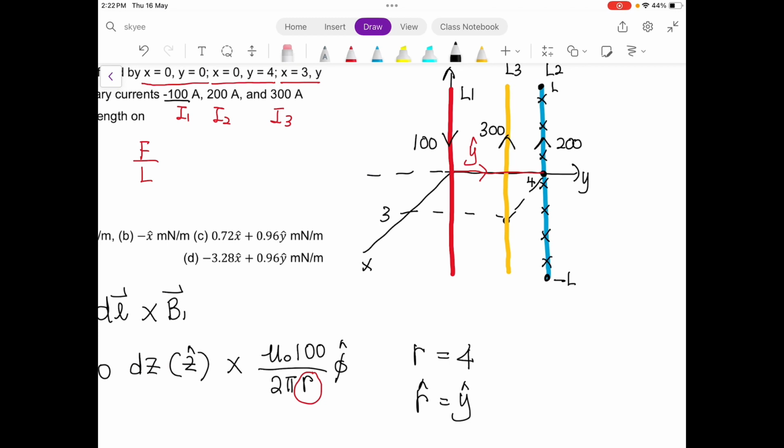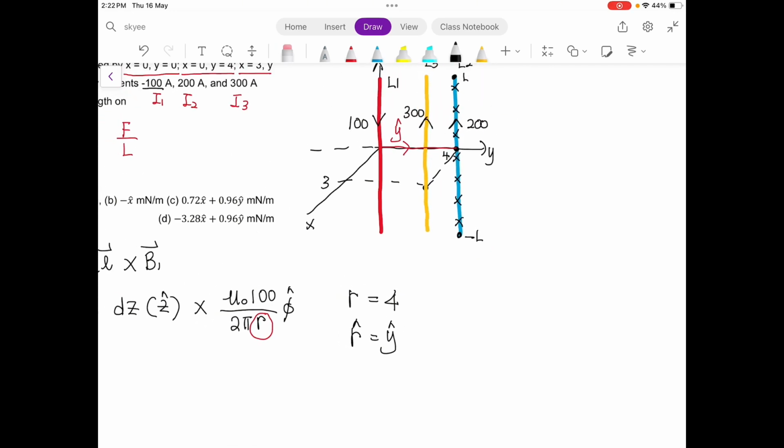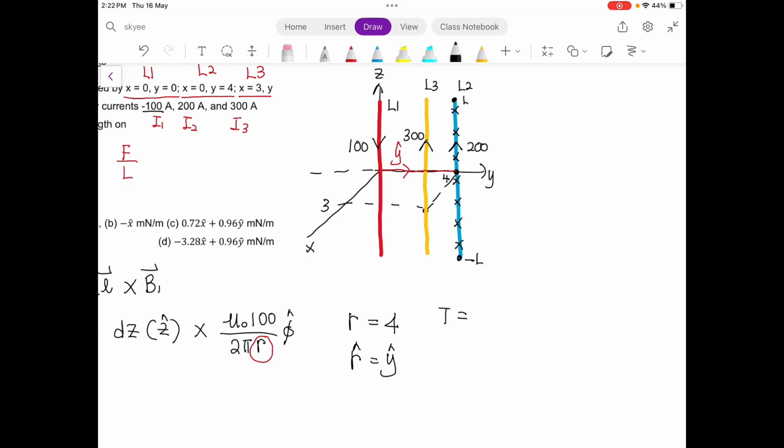If you are not sure how to use this method, you can also use the method as in your module, finding the point T first. We always start with the point T. In this case, the point T will be along the line I1, L1, so the point T will be 0, 0, Z. You have no idea what the Z is. As for the observation point P, it is at position x equals 0, y equals 4, and the Z you have no idea also.